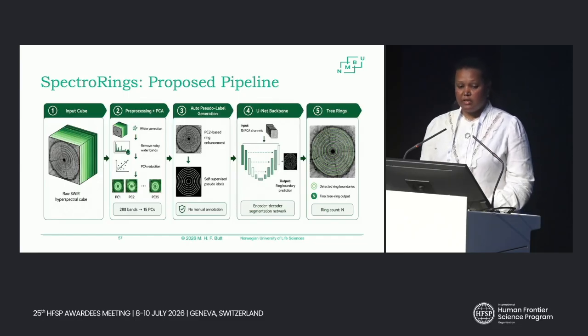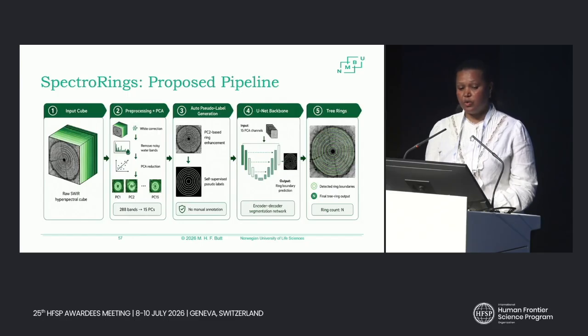So this is the pipeline we proposed. We have as input the raw hyperspectral cube in the shortwave infrared. The second step is to pre-process and then use PCA to select bands which give us higher contrast within the rings.